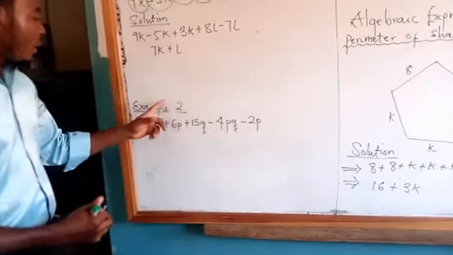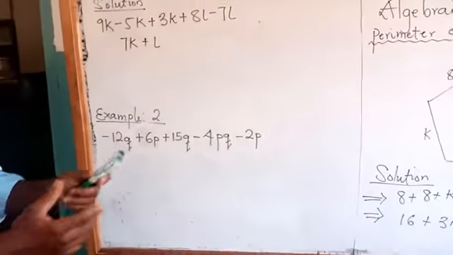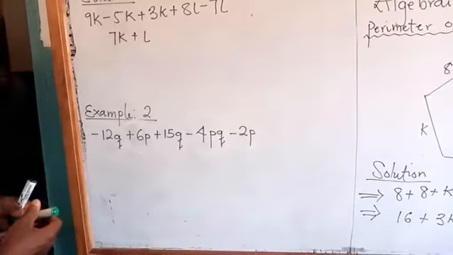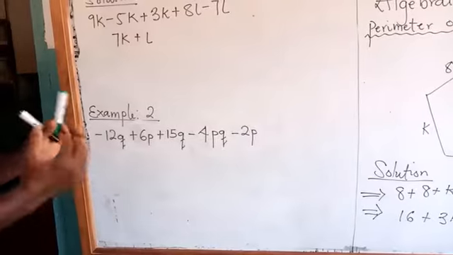Alright, now in the second example, we are going to group like terms. Like I mentioned before, each term must move with its sign.